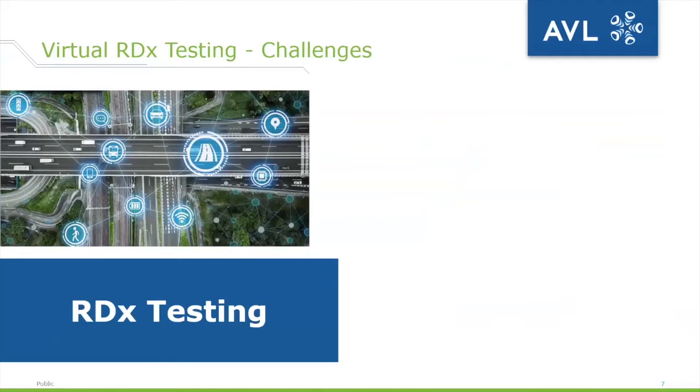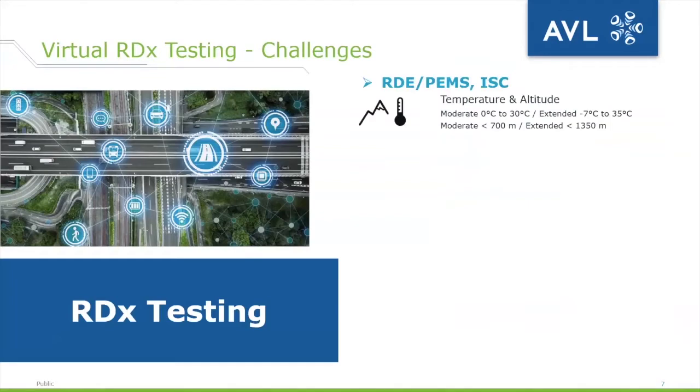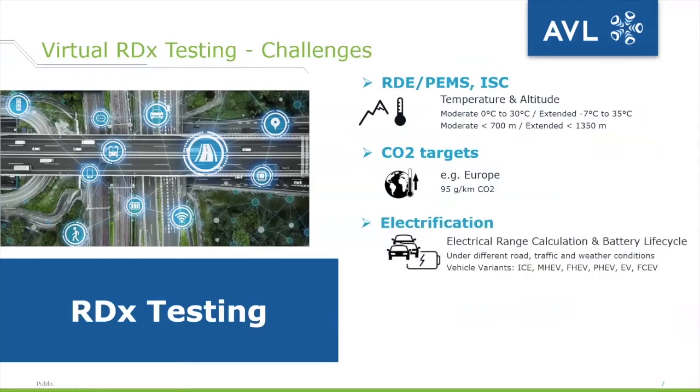And why is the real world driving and front loading so important? Because it's not only about the emissions and the powertrain development. Today we see in the market that the complexity of RDX is addressed in the emission powertrain development, engine calibration with the stringent CO2 targets is an important topic. But we see the same pattern in the development activities of electric vehicles, for example, where different complexity and different variety of the electric vehicle also require a reproducible, accurate testing in the street.